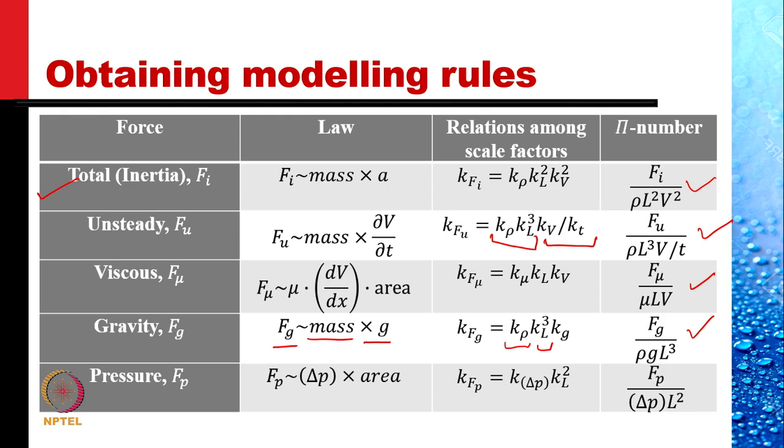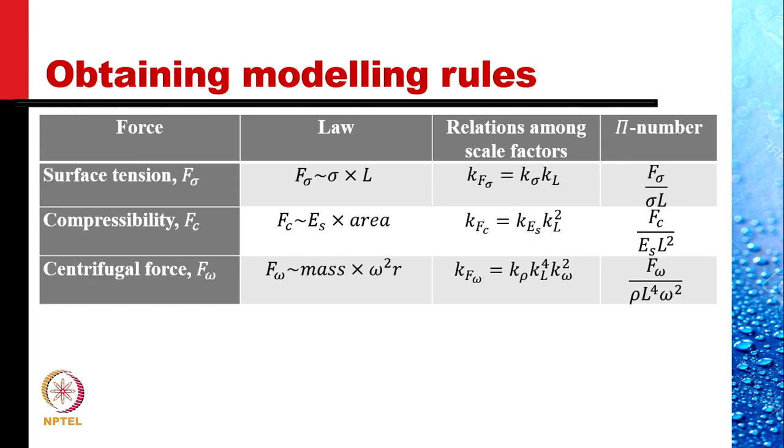Similarly, for the pressure force, Fp divided by delta P, the pressure difference, into L square for area. Similarly, for surface tension force, where the law is the surface tension force is sigma times L. For compressibility, where the law is the E times the area. And for the centrifugal force, where the law is mass times omega square R. This is the list of pi numbers so obtained.